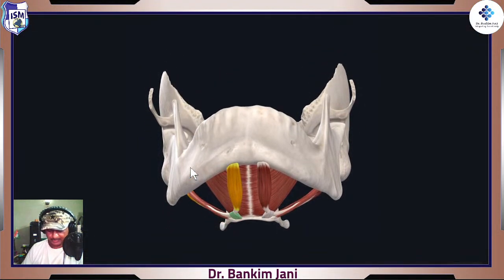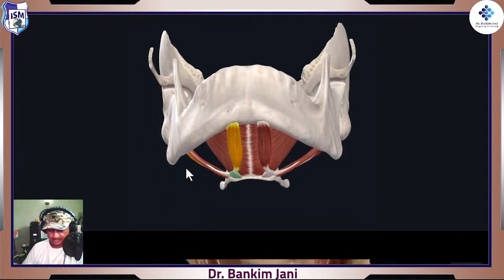Now seen better, right? A complete idea. So in this, everything is seen fine. That's the posterior belly, that's the tendon, that's the fibrous sling. This one is the anterior belly, and that's how they are connected.